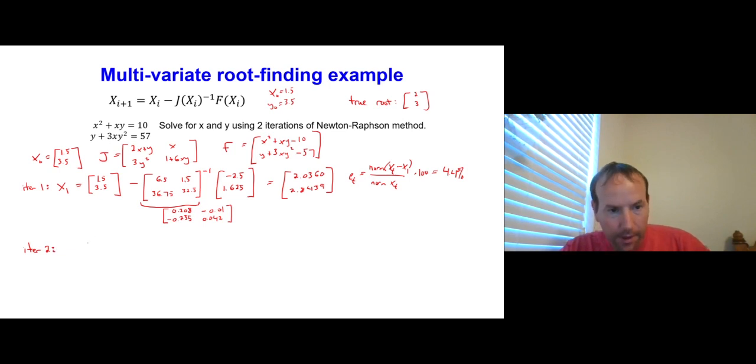And then on the second iteration, x2 is going to be given by plugging in these numbers.